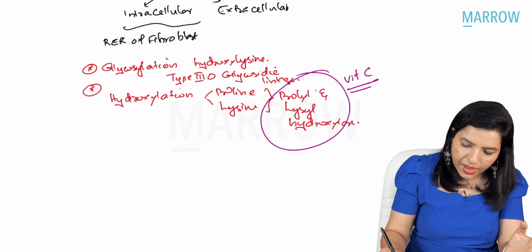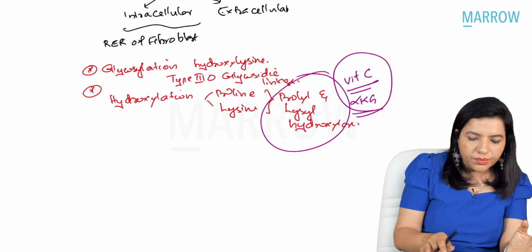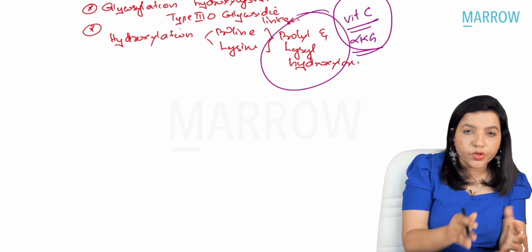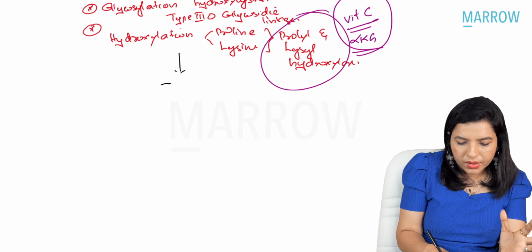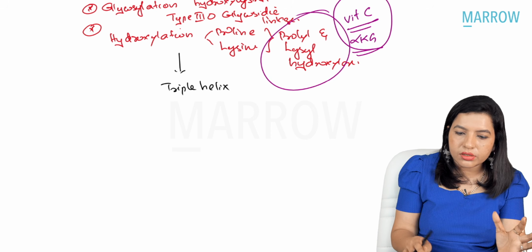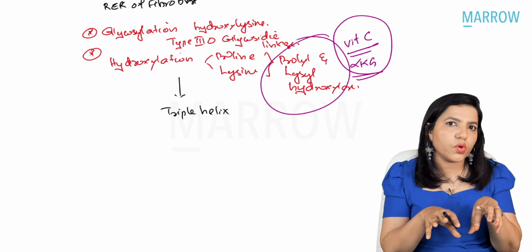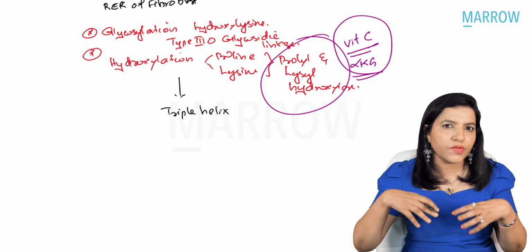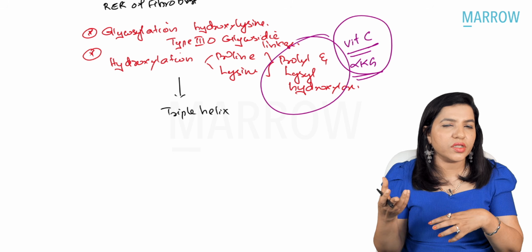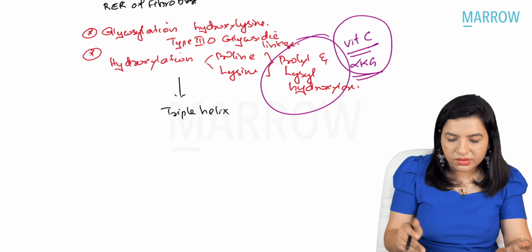Vitamin C and alpha ketoglutarate. Then finally this forms the triple helix, which is also an intracellular event. Now the triple helix, which is called procollagen, is extruded out of the rough endoplasmic reticulum, out of the cell, into the extracellular matrix.